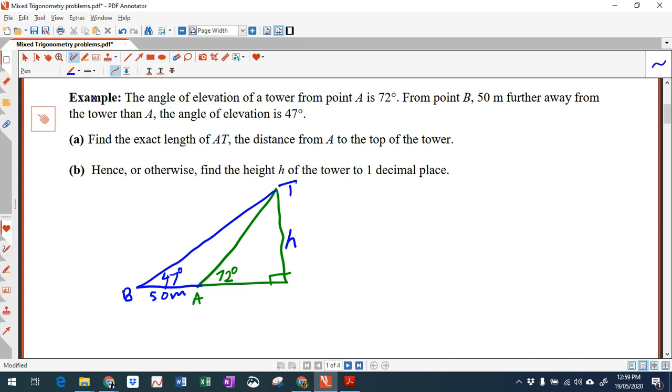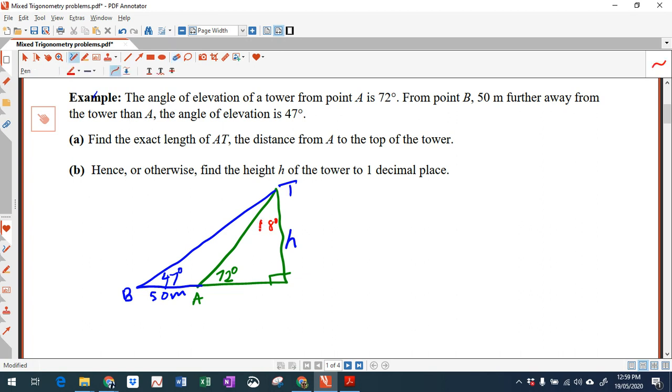Well, let's see if we can work out some angles here. So that's 72 degrees in there. That means this will be 28 degrees in here. Sorry, that's 18 degrees, not 28.